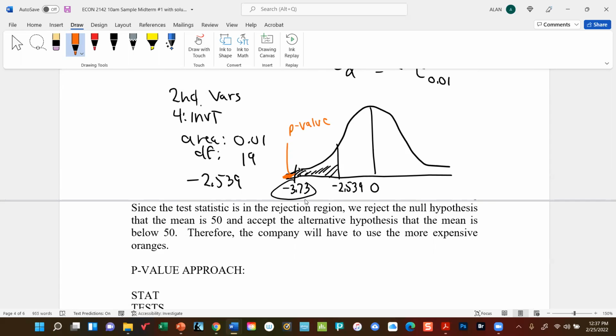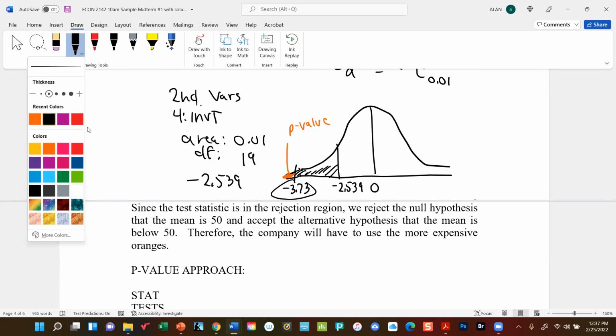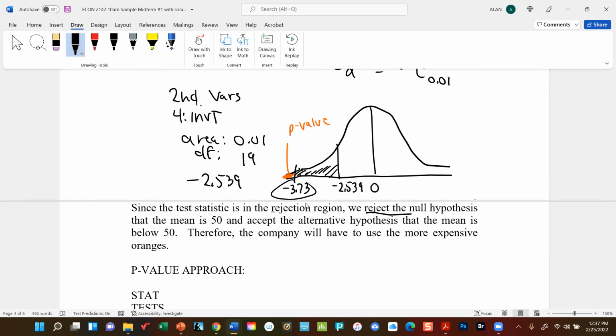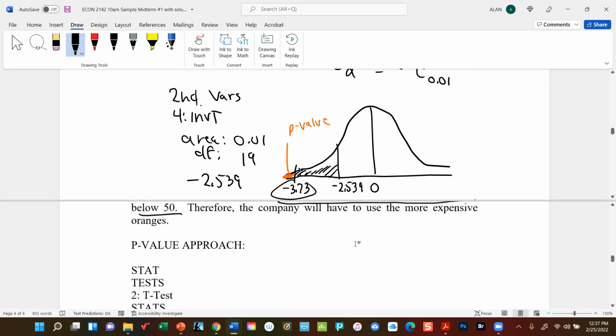So we reject the null that the mean is 50, and accept the alternative that it is below 50. Oh, bummer. It's a bad result for the company, but this is the correct result.